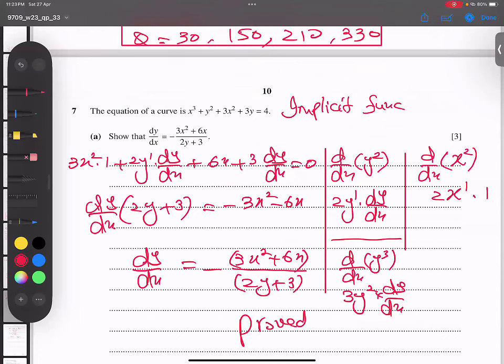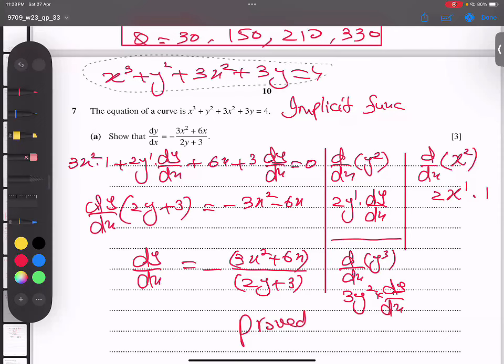But I need this equation, x cube plus y cube plus 3x to the power 2 plus 3y equal to 4. Let me read again. Sorry, this is a square. Okay, and all correct.